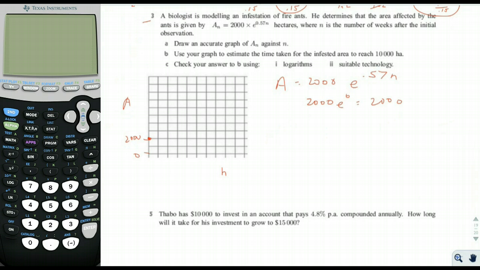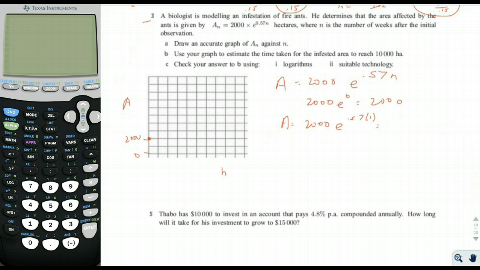And then what if n was 1? When n is 1, area is equal to 2000 times e to the 0.57 times 1.